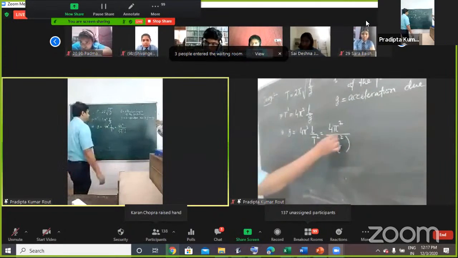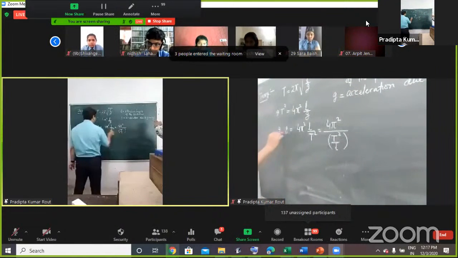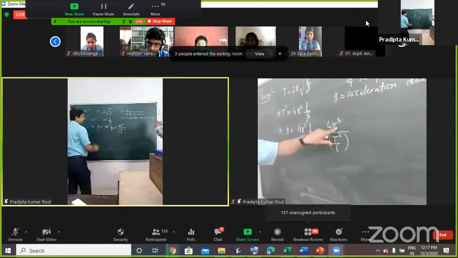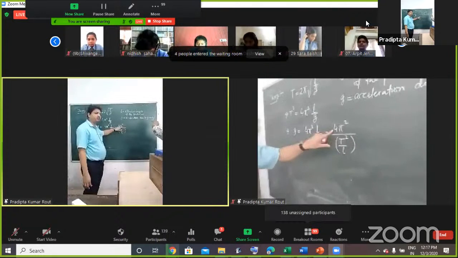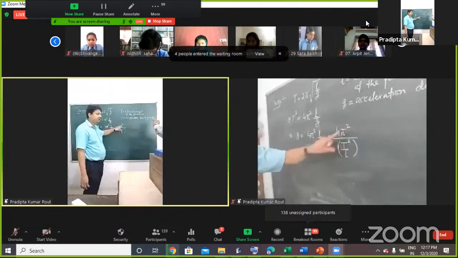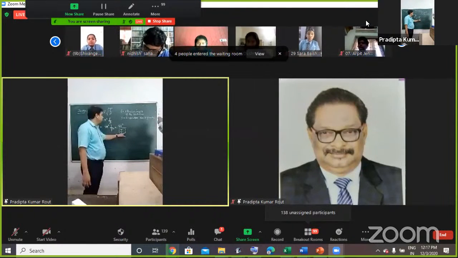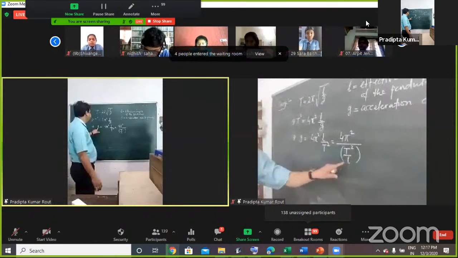Children, this T square by L, if I can find it out, I can get the value of G, because 4 is a number, pi is a number, you know its approximate value is 3.14. So you substitute the values of 4 and pi. If I know the value of T square by L, G can be calculated. So how to find out this T square by L?